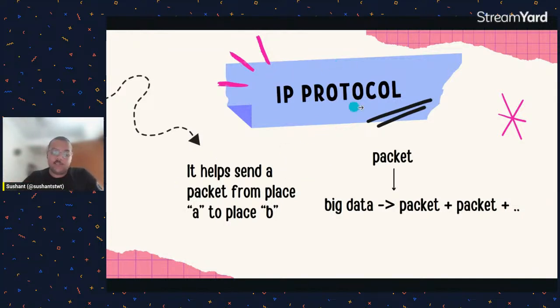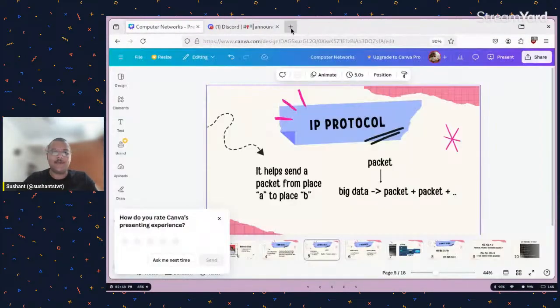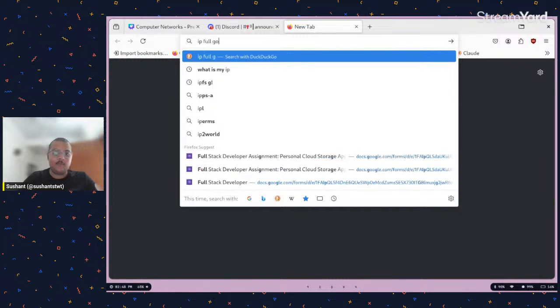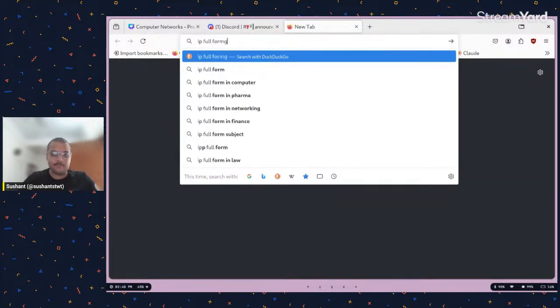Now, what is an IP protocol? You must have heard the terms IP address, public IP, private IP. So IP is nothing but Internet Protocol. Wait, let me check the full form.